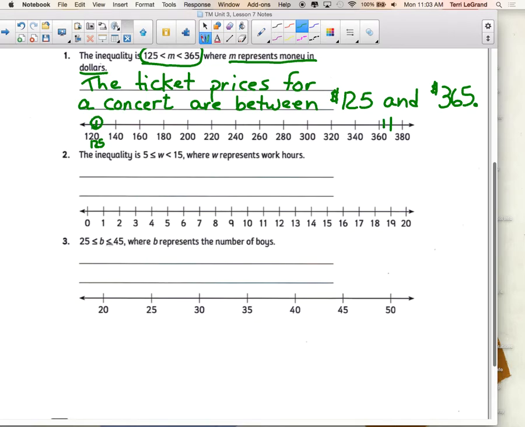So here we are again, getting rid of an extra mark that we do not need. Okay, so 365. Open circle at it. And would we shade it in? No. Is it included? No. The ticket prices are between those two. Any number in between there, but not those.